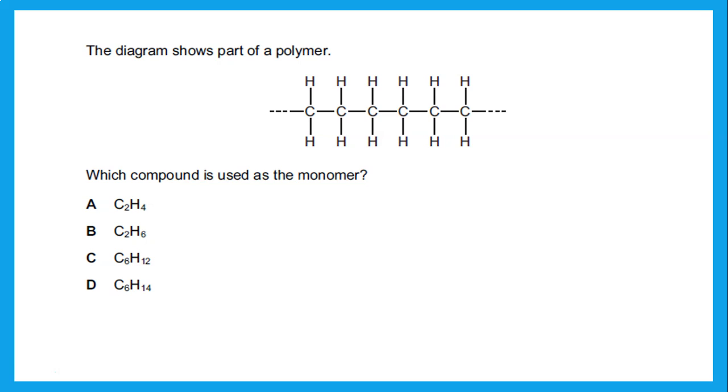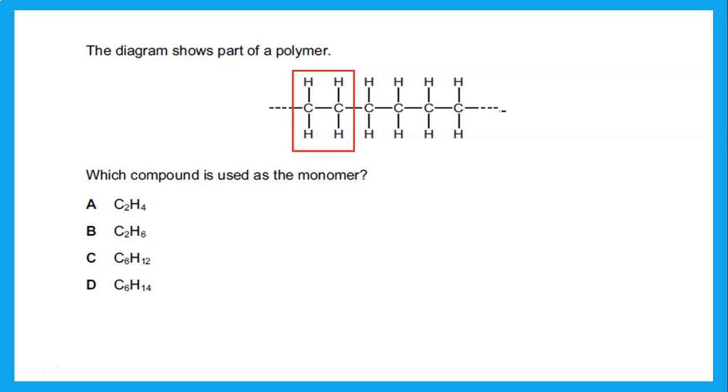The diagram shows part of a polymer. Which compound is used as the monomer? I'm going to remind you that a monomer is the small molecule. We have many of them, and we join them together to form a long chain, and the long chain is what we call a polymer. Now, when we're given the structure of polymers, we don't look at all of these carbons.